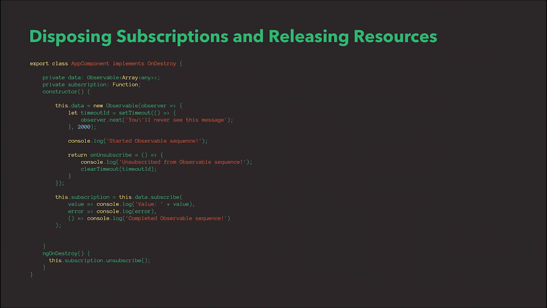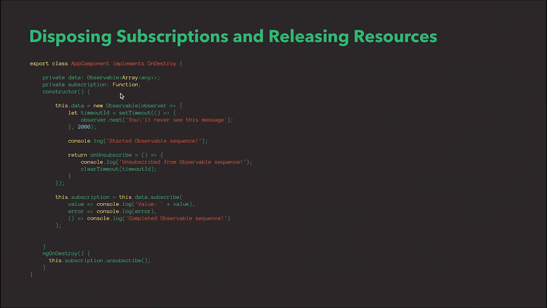Once you have the observer created, there's a good chance that you might also want to dispose of it. You can tie into the lifecycle methods for a component, such as ngOnDestroy, and call the subscription.unsubscribe method. Every time you subscribe to an observable, with this.data.subscribe, that returns the unsubscribe method to you. By default, this is just the default unsubscribe method that comes with an observable, but you can also add custom behavior to this unsubscribe method.